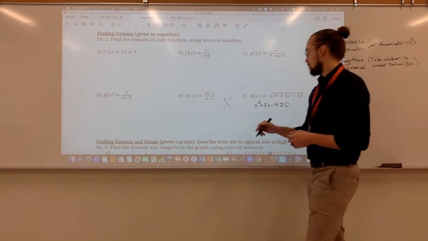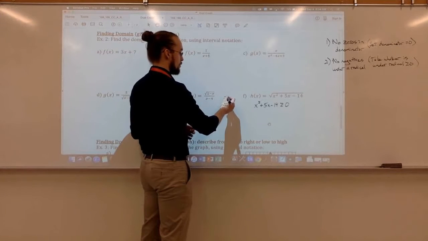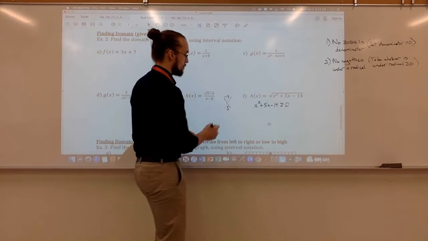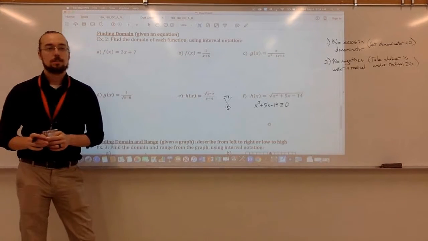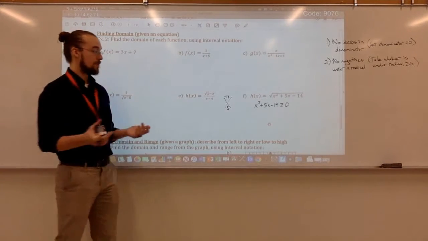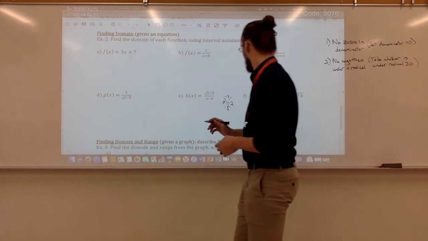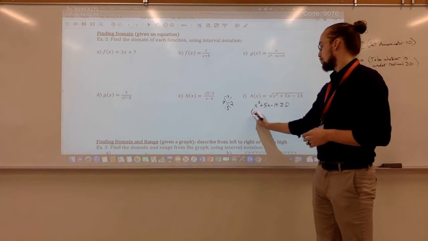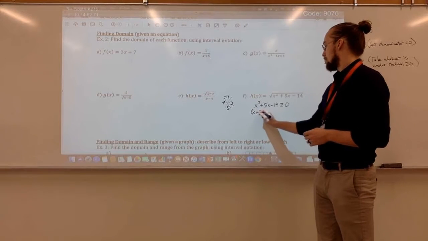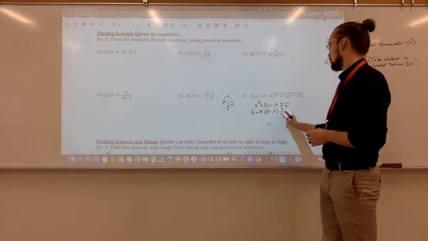So I want two numbers that multiply to negative 14 that add to positive 5. Seven and negative 2. So this would factor into (x plus 7)(x minus 2).